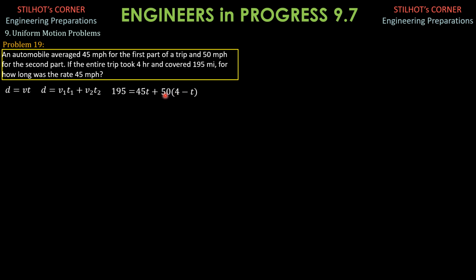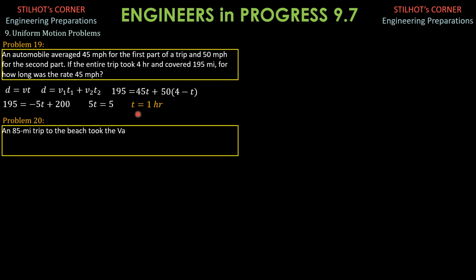So therefore the travel time for the second part of the trip is 4 minus t. Simplifying, 195 equals 45t minus 50t, then plus 200. So 195 equals negative 5t plus 200. Negative 5t to the left, so 5t equals 200 minus 195, 5. So therefore t equals 1 hour. So it took 1 hour for the first part of the trip.